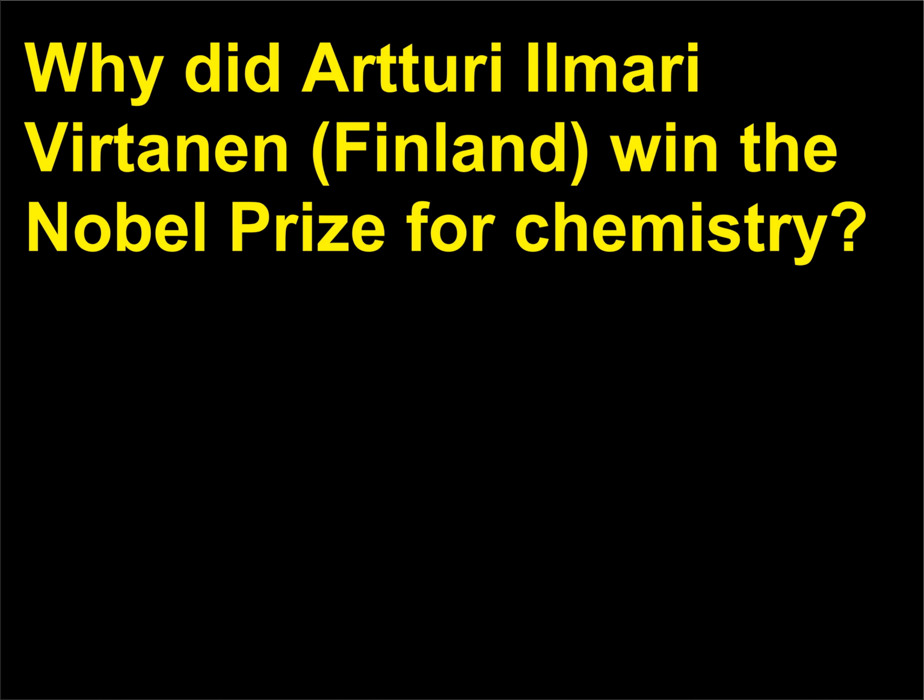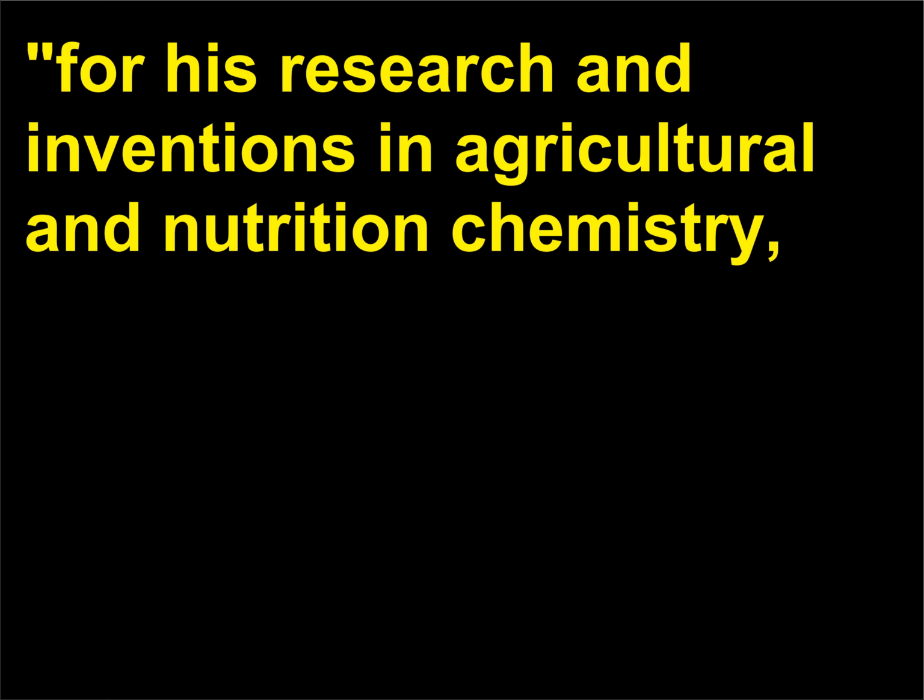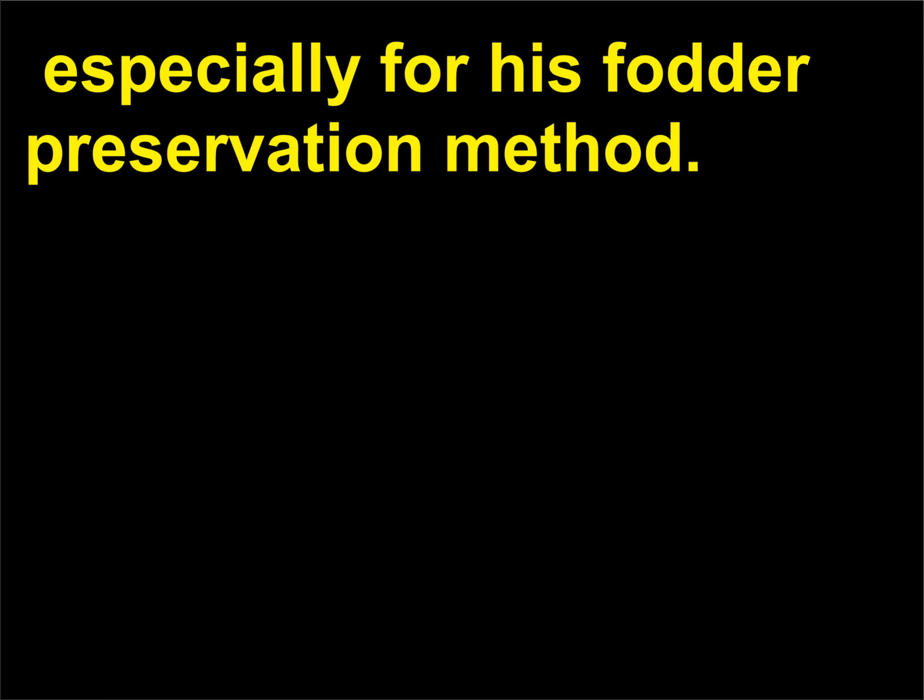Why did Arturi Ilmari Virtanen, Finland, win the Nobel Prize for Chemistry? For his research and inventions in agricultural and nutrition chemistry, especially for his fodder preservation method.